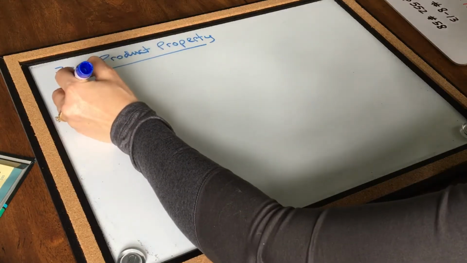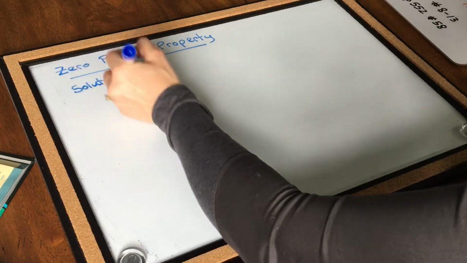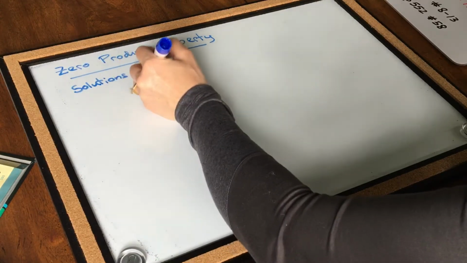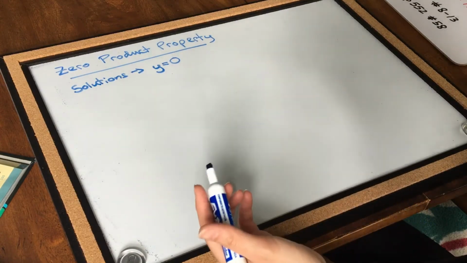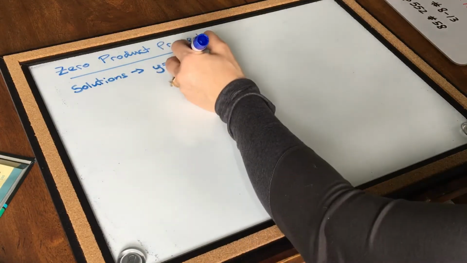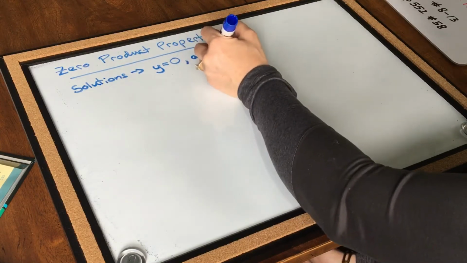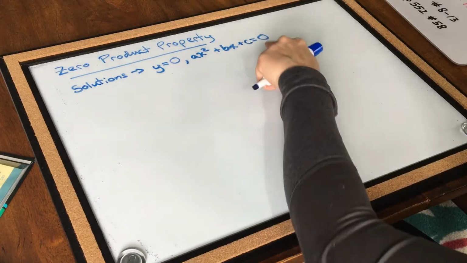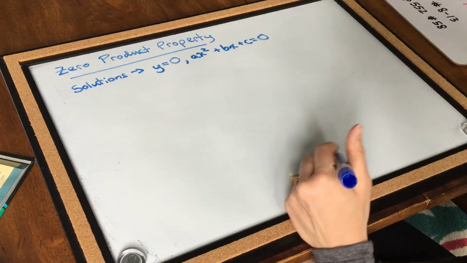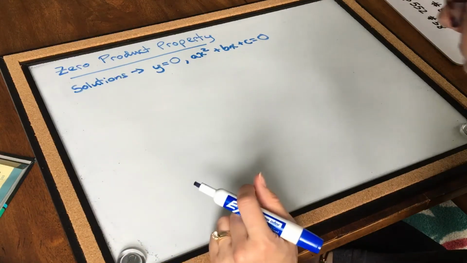What that means is when our quadratic, in some format, ax squared plus bx plus c, equals 0.